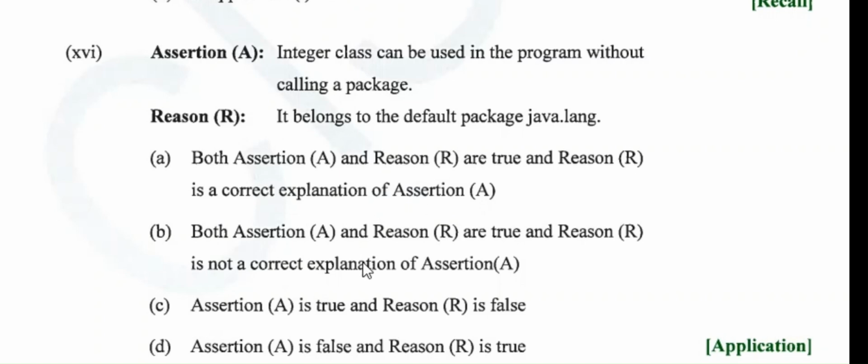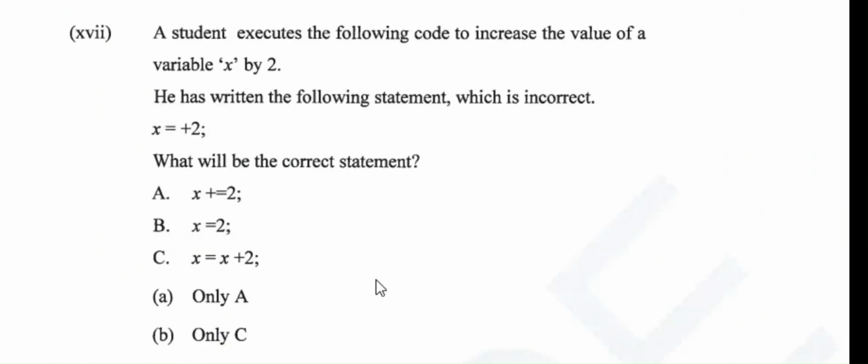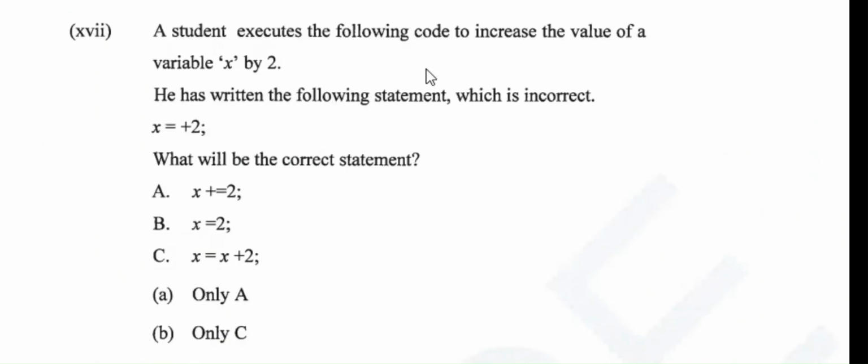Now next question. A student executes the following code to increase the value of a variable x by 2. He has written the following statement which is incorrect: x = +2. What will be the correct statement? To increase the value of a variable x by 2, we write x = x + 2. We can also write x += 2, which is the shorthand operator.